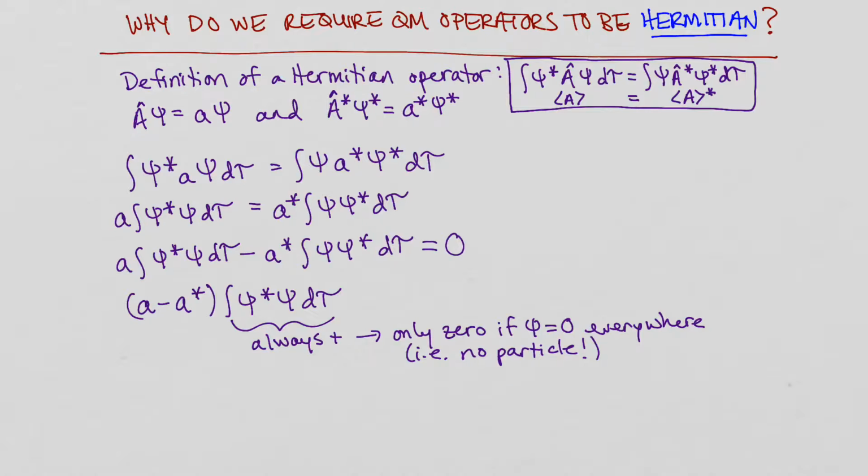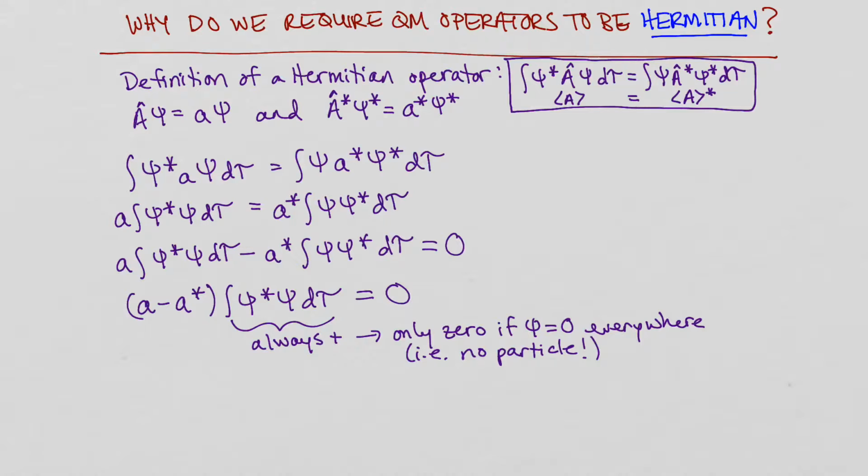which means that, remember, this whole quantity still equals 0. So in order for this quantity to equal 0, we've already said that the integral of psi star psi d tau is always positive. That must mean that this part of our quantity must be the part that equals 0 to satisfy our equation.